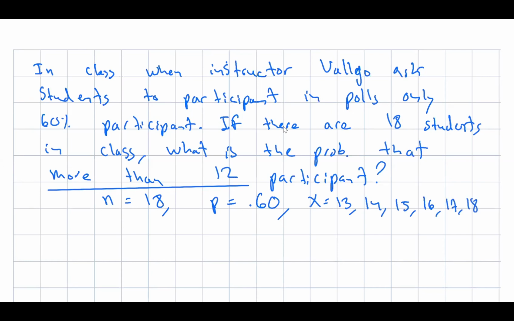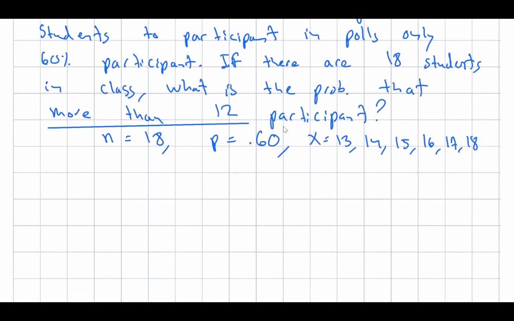Notice the difference between more than and at least. More than, you want to get it bigger than that value. When it says at least, it could equal that number, but it can also be bigger than that number. Everybody good with that so far?